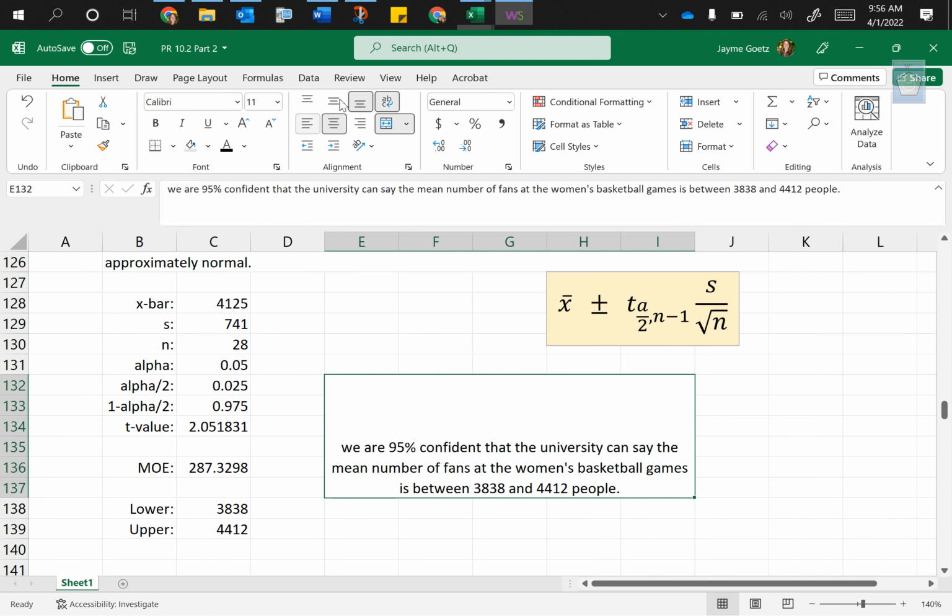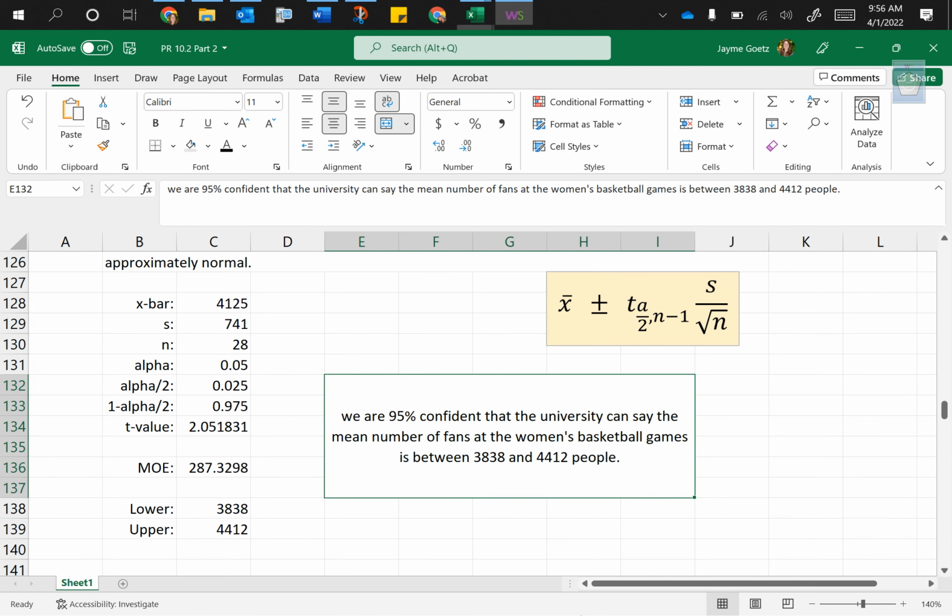So we are 95% confident that the university can say the mean number of fans at the women's basketball games is between 3,838 and 4,412 people.